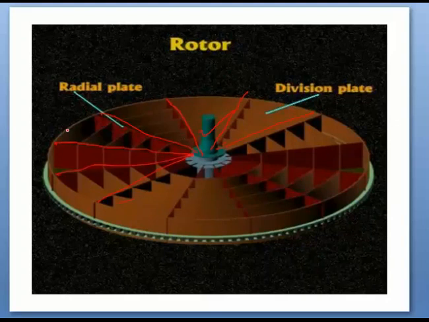And each sector is divided with the help of division plates. These are the division plates that create the housing for the heat absorbing material. So the heat absorbing material is filled in this area, like that. This total empty space is packed by the heat absorbing material.